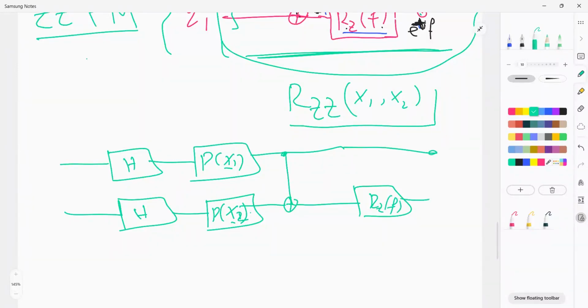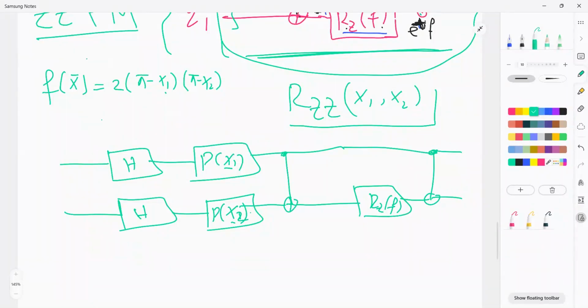And there's still another choice that we have to talk about, this f of x. There are many ways to choose it. A popular choice, which is the default choice in Qiskit as well, is pi minus x1 multiplied by pi minus x2. So this f is a product of x1 and x2, which means that we can't separate the exponential into two parts.